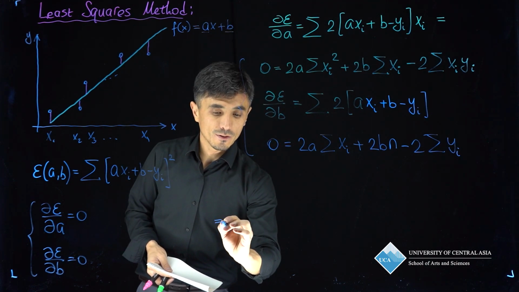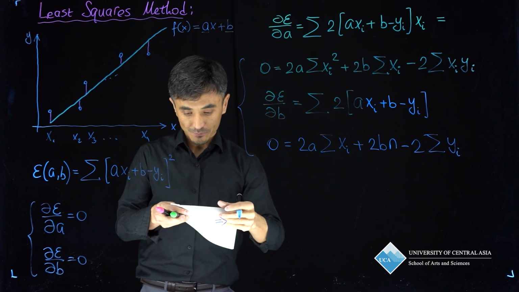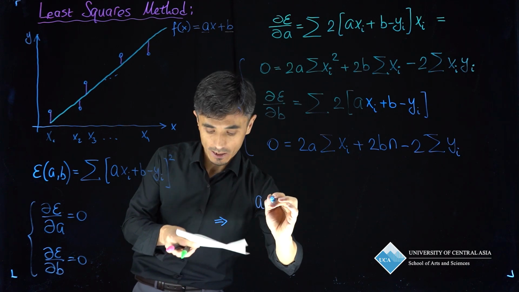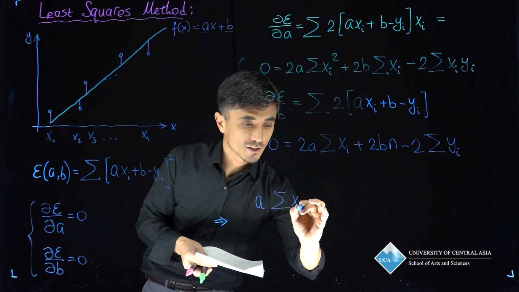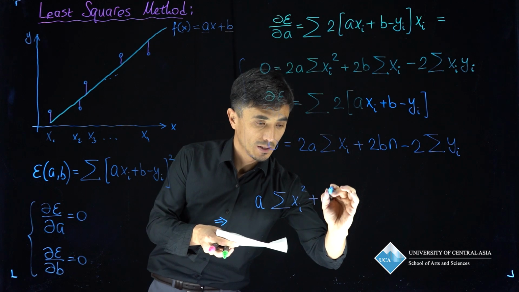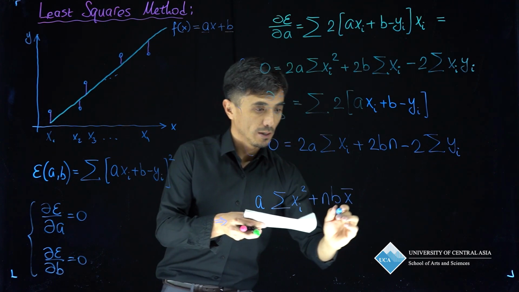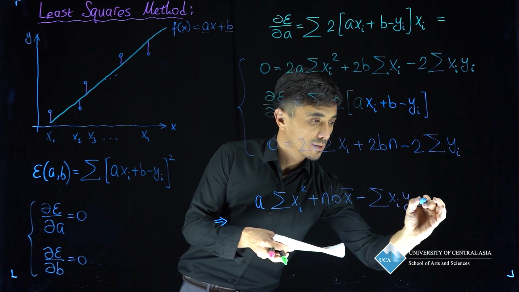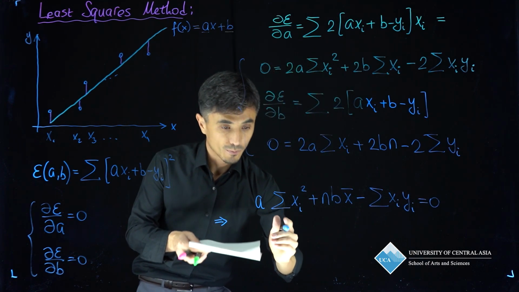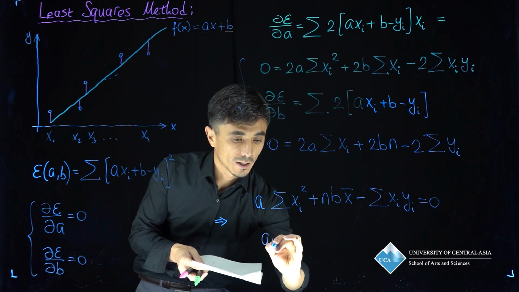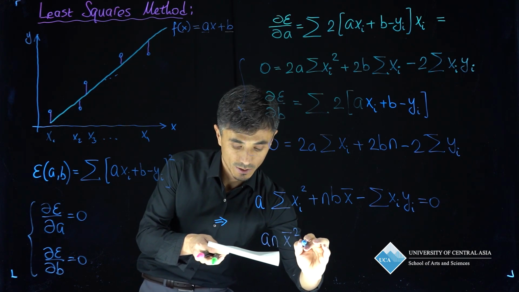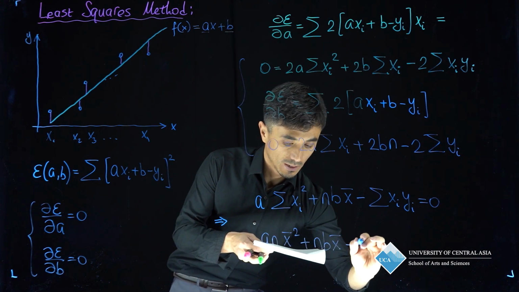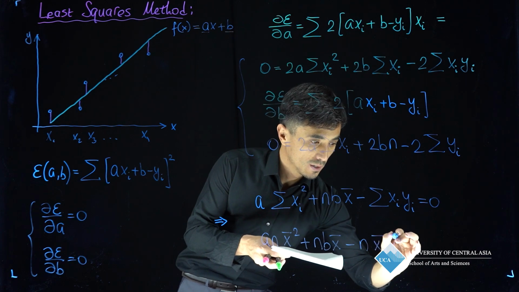If we rewrite it, we're going to obtain a sigma xi square plus nb x bar minus sigma xi yi is equal to 0. And from the second equation, we're going to have a n x bar square plus nb x bar minus n x bar y bar is equal to 0.